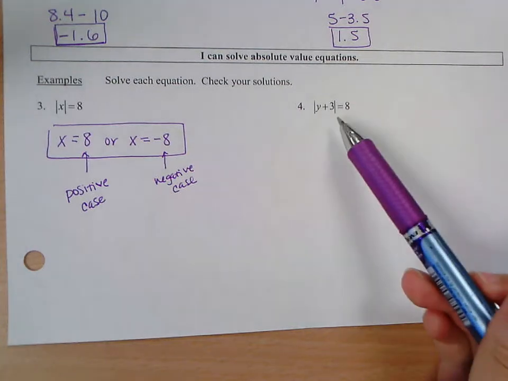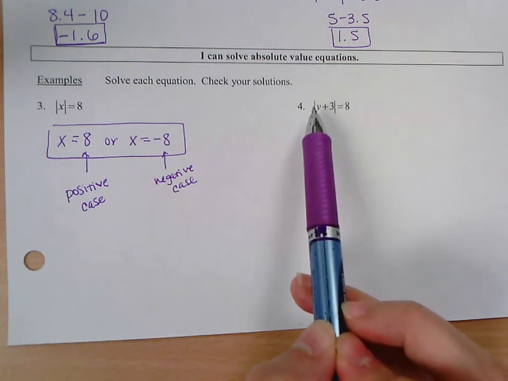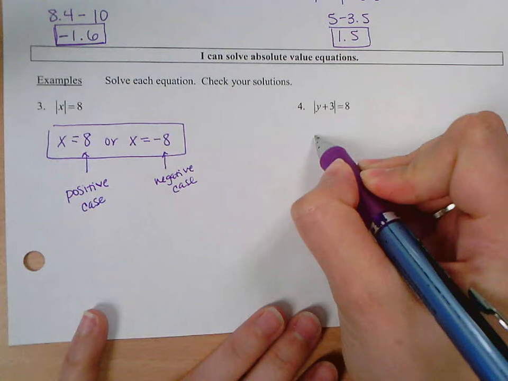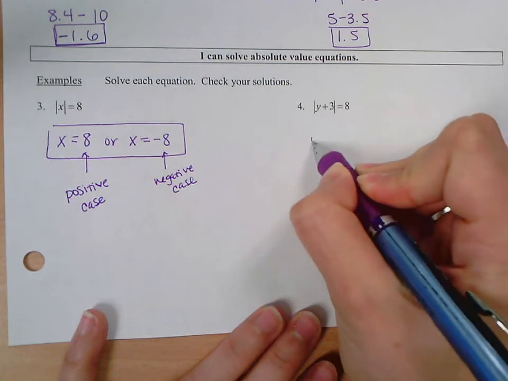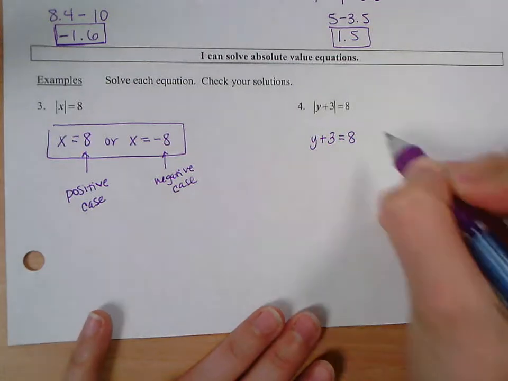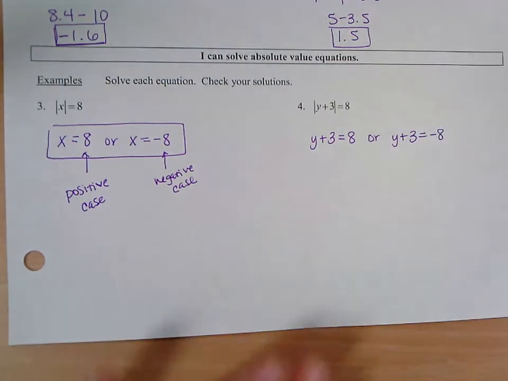So if we look at number 4, because this one has more inside of the absolute value bars than just y, it has the absolute value of y plus 3 equals 8. So my positive case would be taking the y plus 3. So y plus 3 could equal +8, or y plus 3 will equal -8.